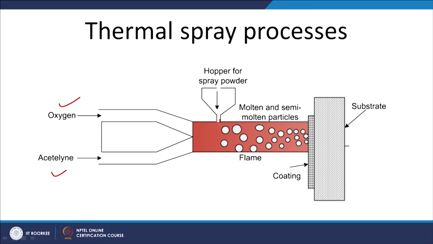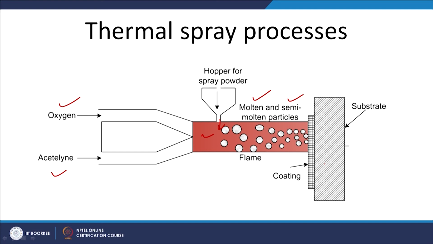So, this material, whenever it is fed, will be heated in the flame, and then it will be accelerated towards the surface of the substrate. Heating may lead to either complete melting or a semi molten state of these particles, and once these attain enough velocity as per the flame velocity as well as the standoff distance between the nozzle and the substrate surface, the particles will impinge on the surface of the substrate, and they will get deposited in the form of splats.